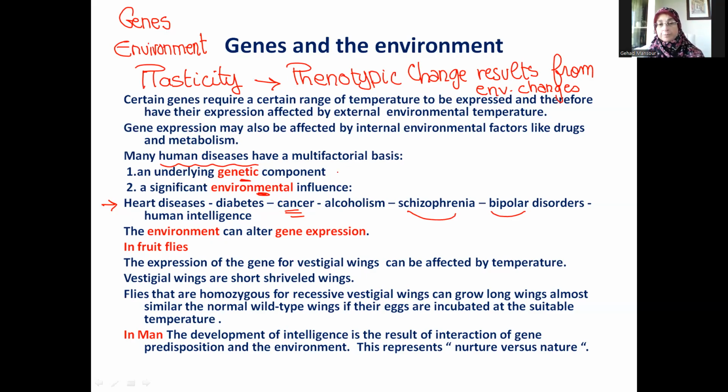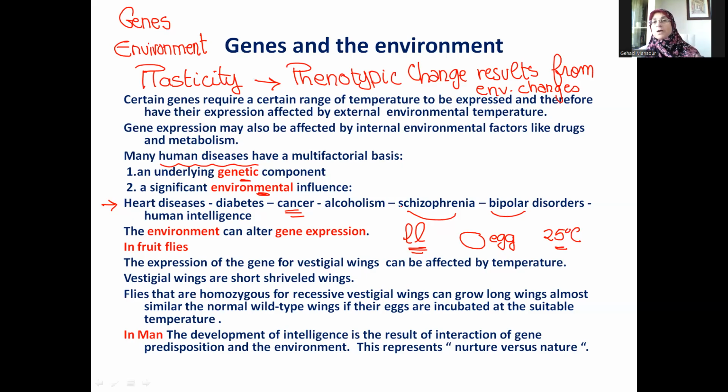But it has been found that certain organisms that are homozygous recessive, for example, having the genotype small l small l, if the eggs of the Drosophila fruit fly are incubated, for example, at 25 degrees Celsius, might grow long wings.